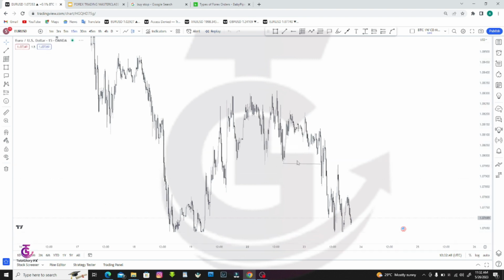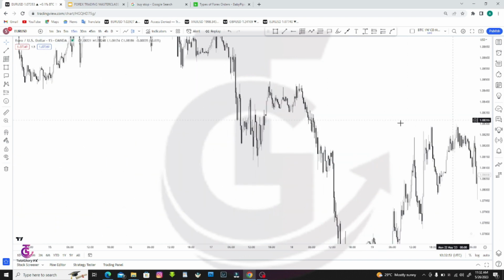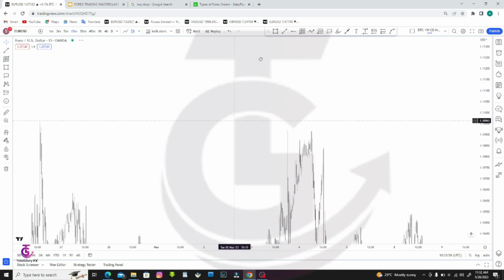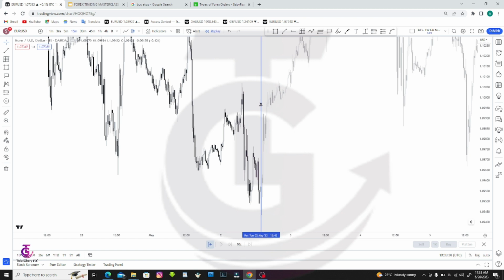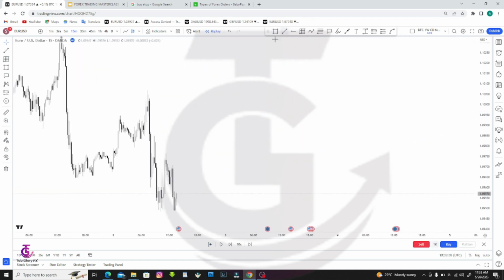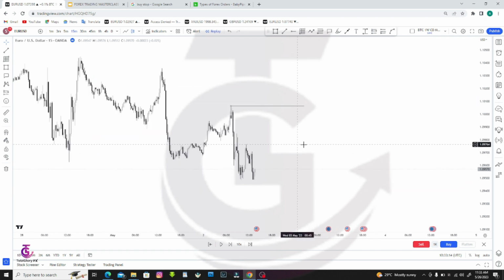Now let me give you buy stop. Now let's say price will buy immediately it breaks this high, and you cannot wait for price to get here before you enter at market execution.